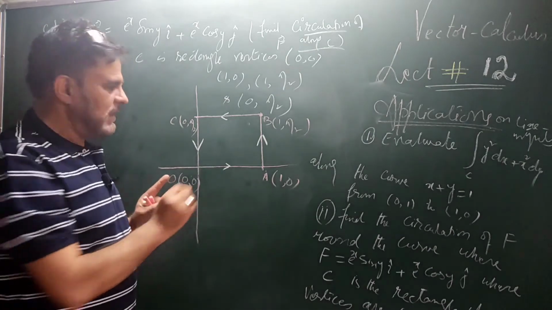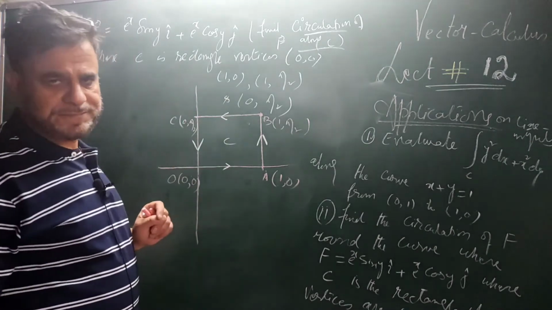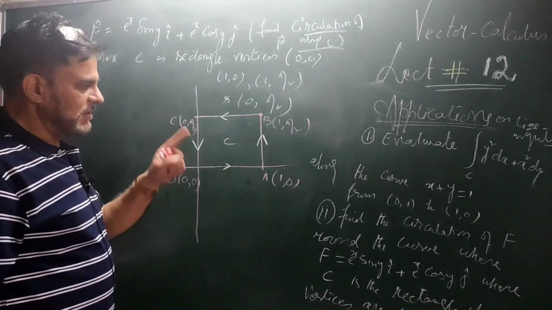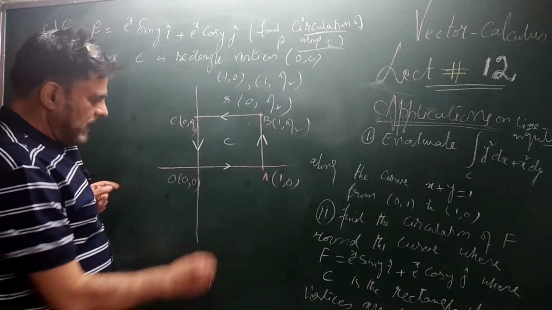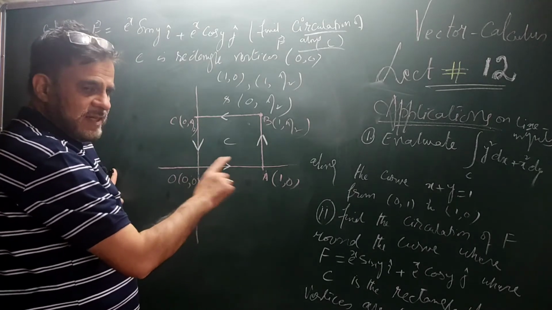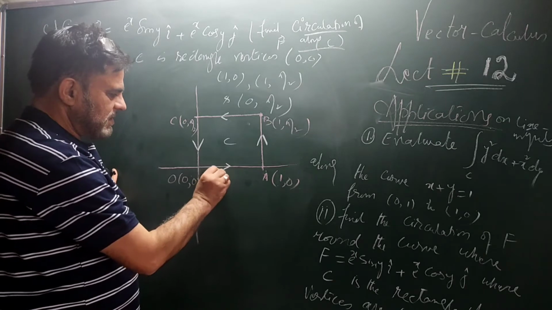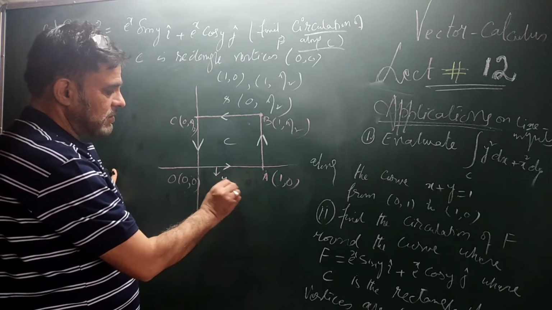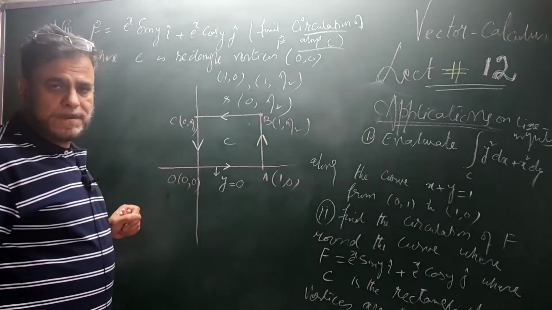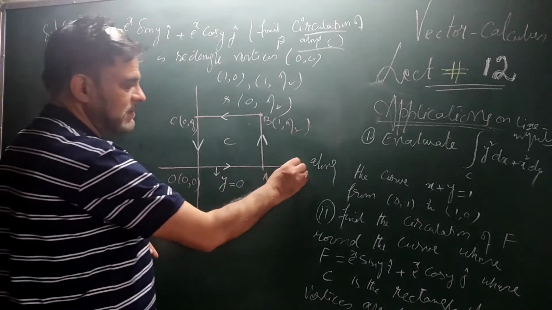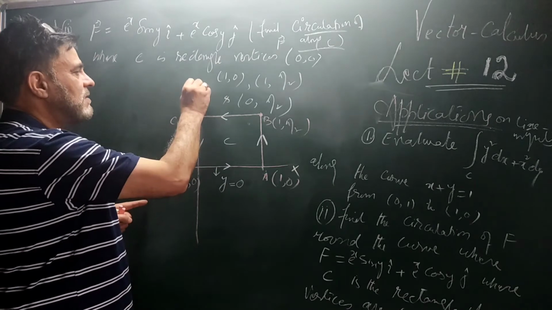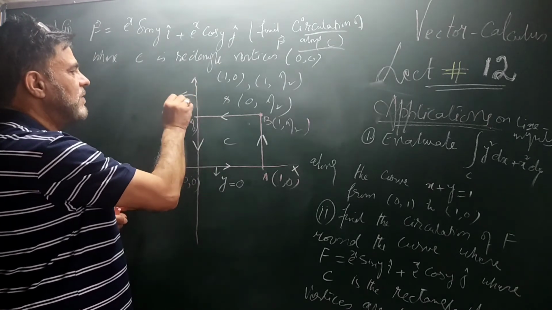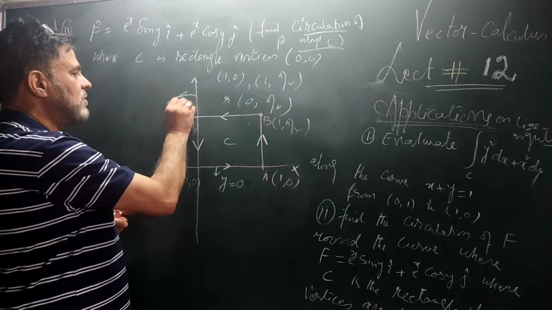We want to find the line integral along this curve C. Now you see, so far as this line is concerned, I need its equation. Obviously it is the x-axis, so its equation is y equal to 0. This is the y-axis, its equation will be x equal to 0.